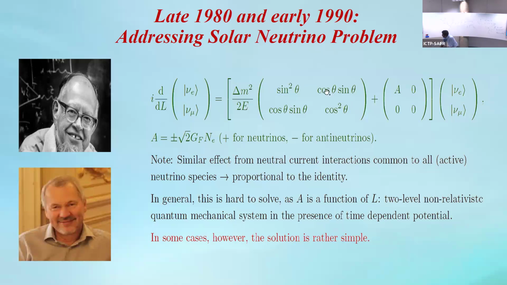The left part is coming from the standard flavor oscillation picture, and in the right diagram, as you see, this A is the square root 2 G_F N_e which I showed, so for the nu e you get an extra matter potential.